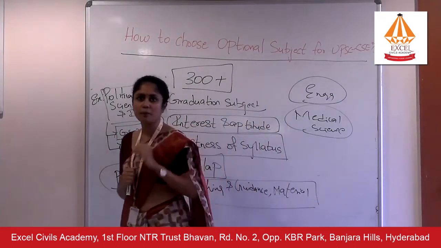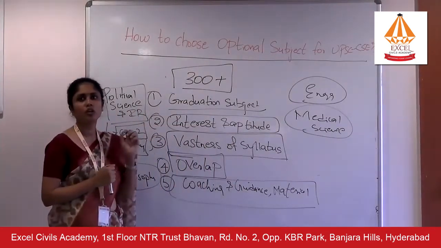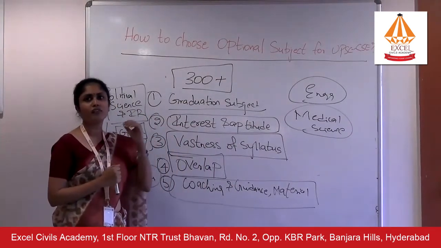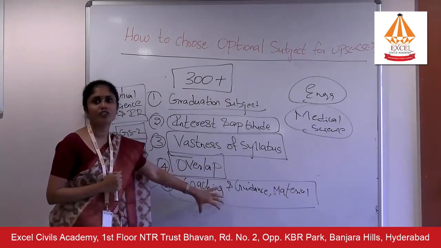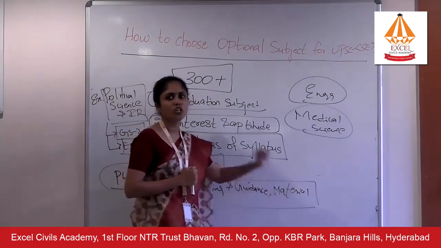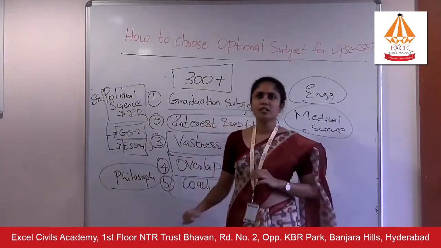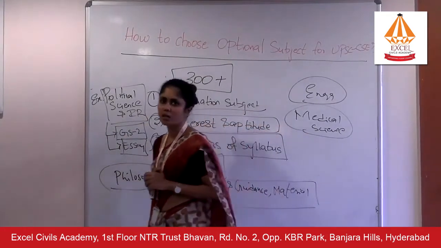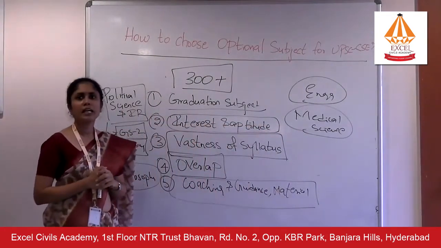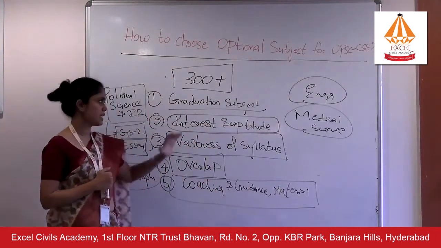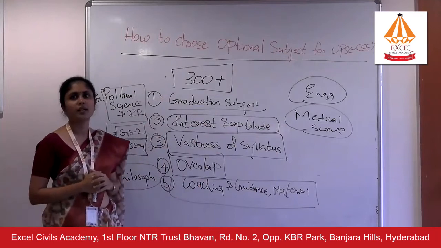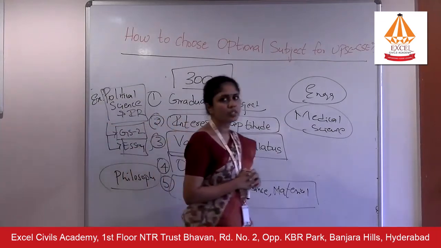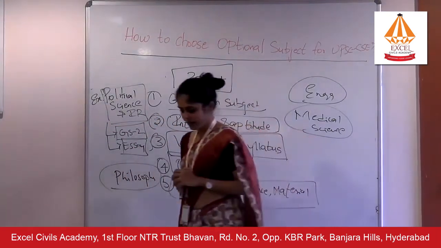To score 300 plus marks in your optionals, you have to write test series, you have to attempt mock tests, and only when you are doing that, you will be able to finish the paper in time on the day of the examination, right? So whether you have test series available for that optional subject, is also a very important factor to consider, right? So these are the 5 factors that an aspirant must keep in mind when he or she is choosing their optional, right?